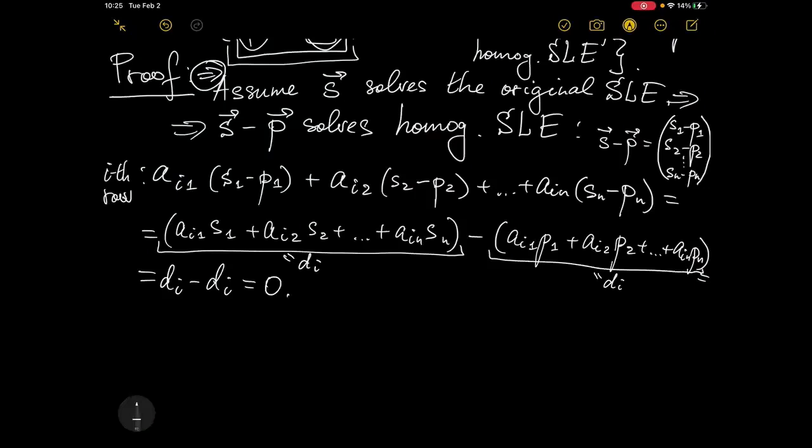So I have shown that for all rows, I will get 0, which means that the vector S minus P is a solution of the homogeneous system of linear equations. Is it clear or not?